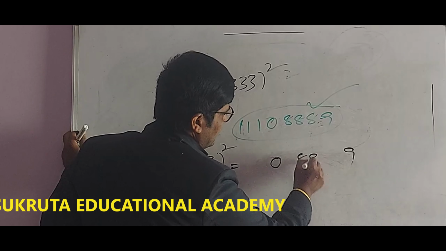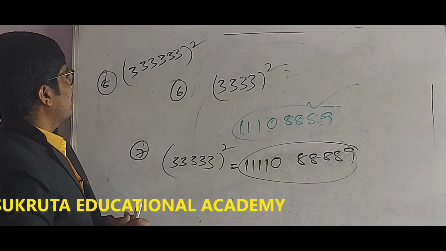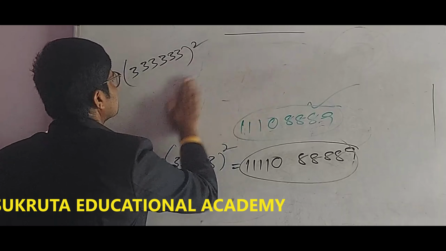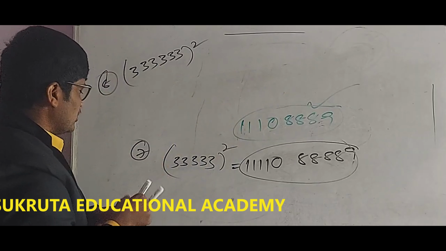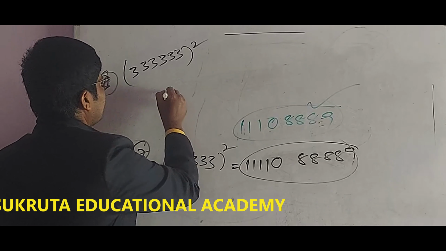And let us see one more example. This time I am taking a 6 digit number, 333,333 whole squared. Observe, this is a 6 digit square. We know that 3 squared means 9, so take 0 and 9 here.